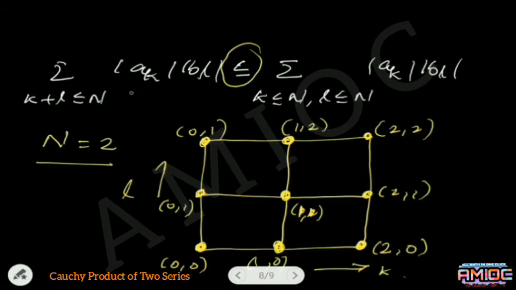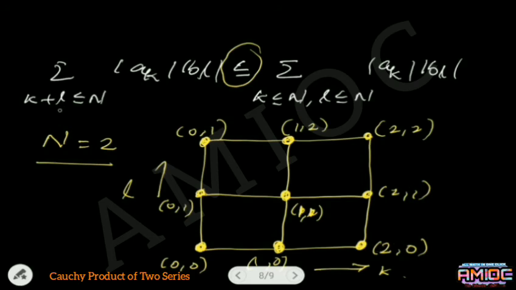Now look at the expressions. Here summation k plus L less than or equal to n, mod ak mod bl. Therefore, this term represents mod A0 mod B0. This term represents mod A1 mod B0. This term represents mod A2 mod B0 and so on.